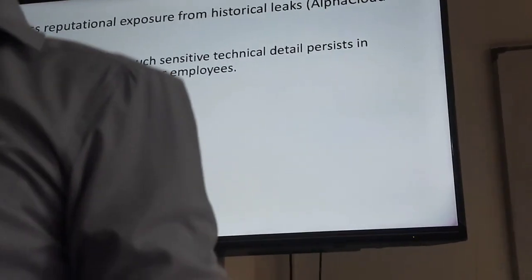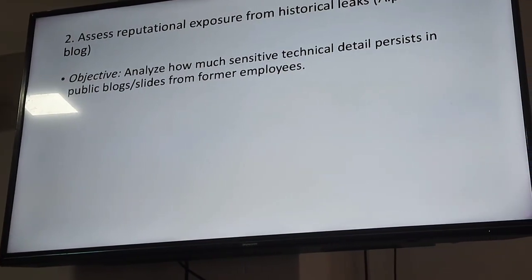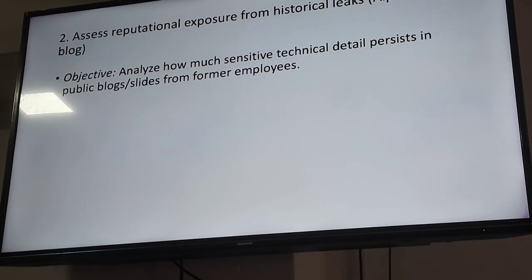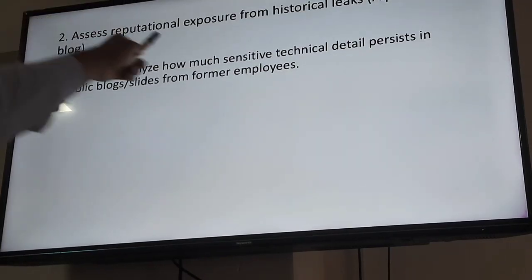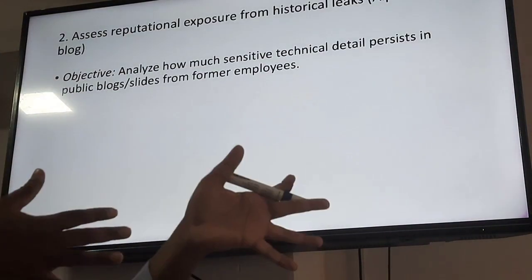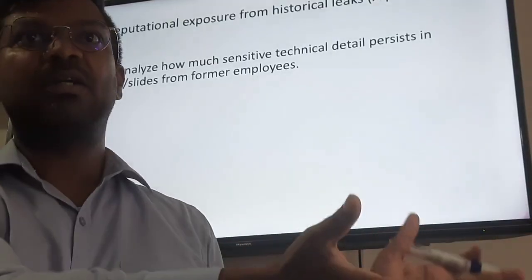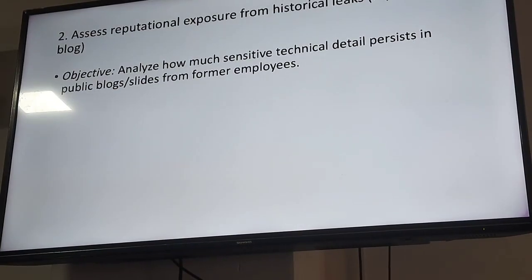I had another point on something called Alpha Cloud: another previous employee starting another blog kind of thing with the prototype solution. So this is another one. Those are related to historical leaks, right? People who were in the organization sometime back, and they were looking at hosting sensitive details related to that case.